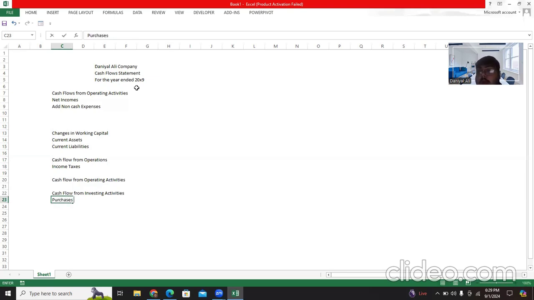By the way, you do not add that balance since it's a cash outflow; you would be subtracting it. Purchase of non-current assets, then disposal proceeds, or you can type sale of NCA, sale of land, giving a positive balance, and at the end you get cash flow from investing activities.